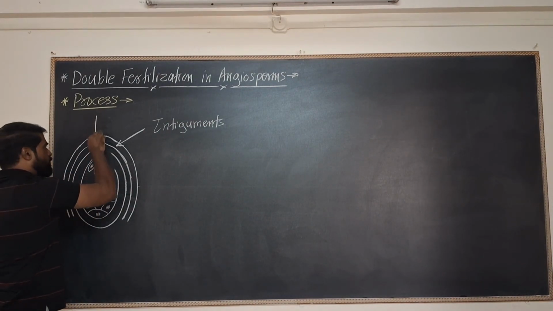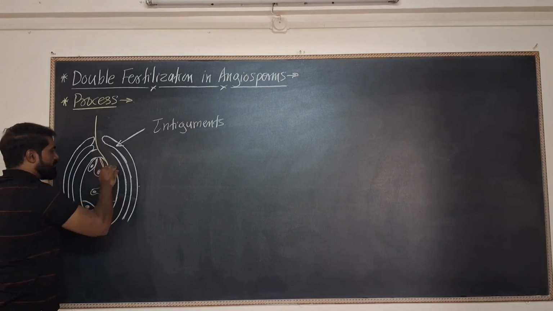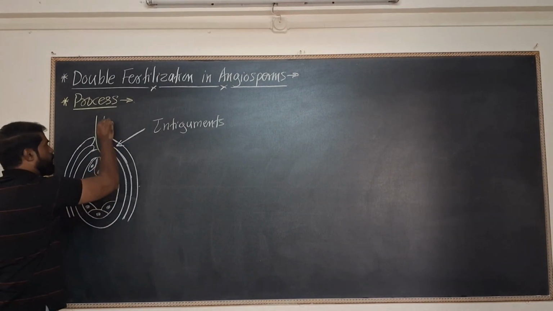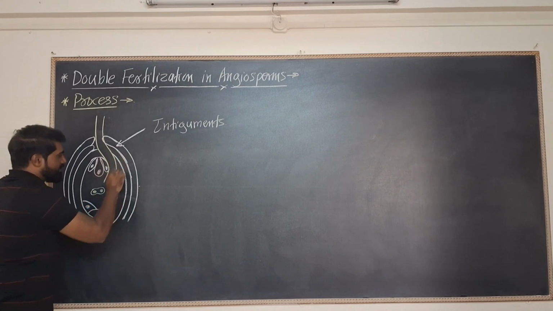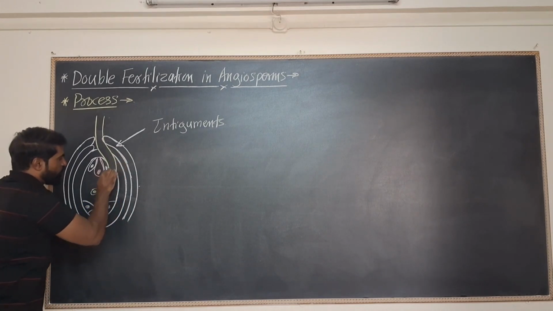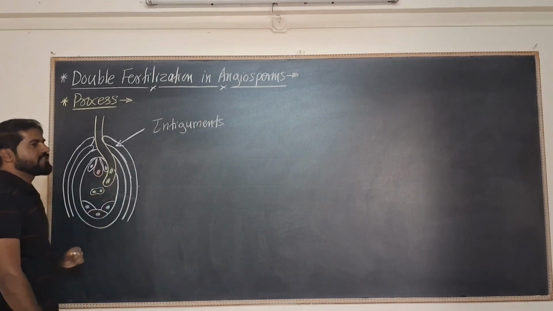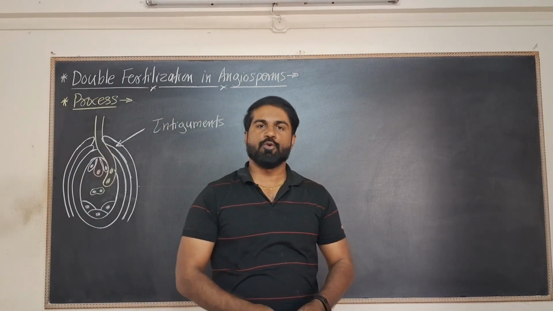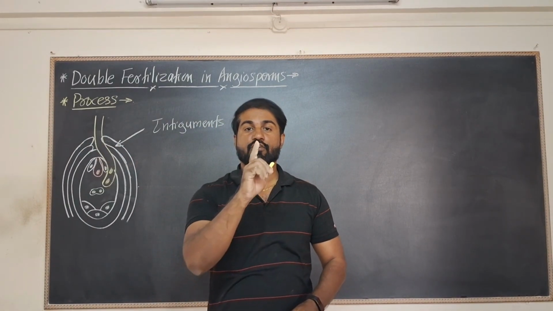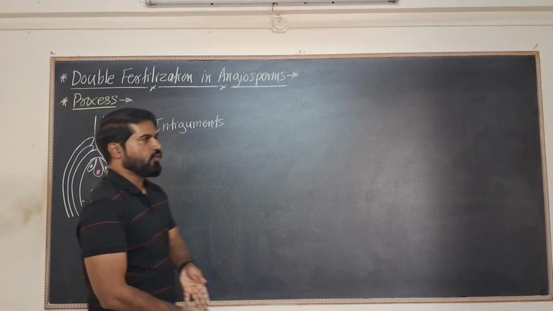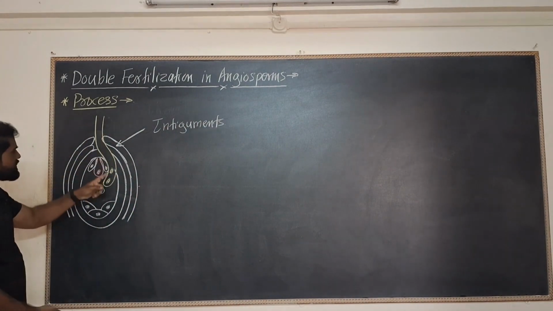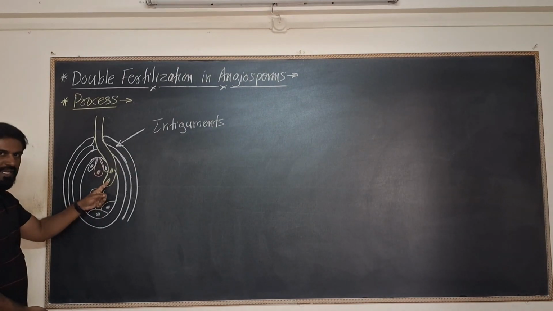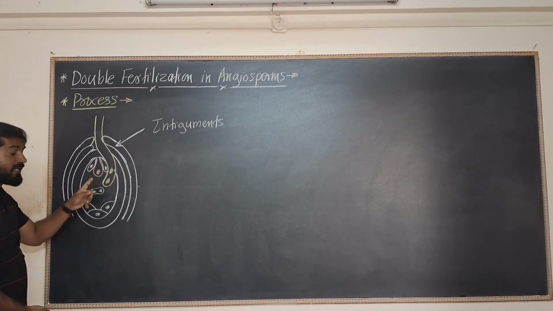It is the micropyle. Through the micropyle, here the pollen tube is entering inside the ovule. Pollen tube carries two male gametes. We have already discussed the formation of male gametes inside the pollen tube during the development of male gametophyte. Okay, so pollen tube brings two male gametes inside the embryo sac, inside the ovule.